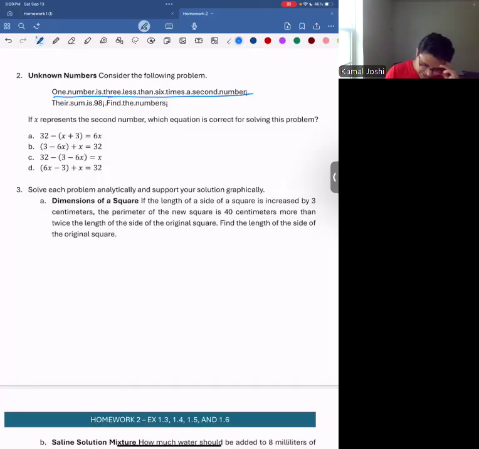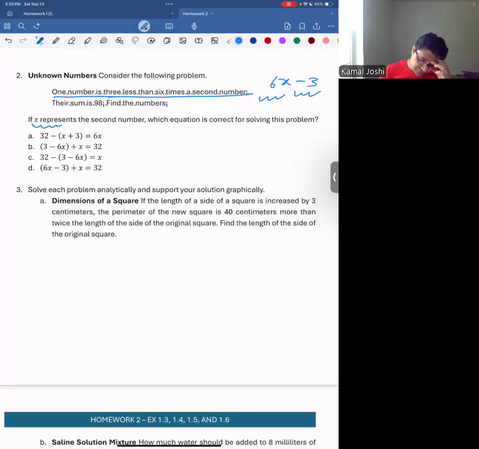X represents the second number. So you're taking the second number x and doing times 6, and the first number is 3 less than that. 3 less than 6 times the second number.